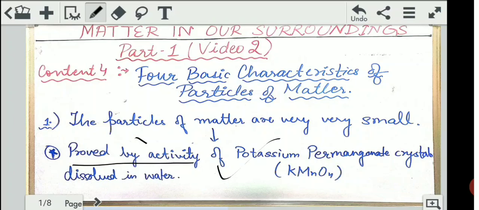We had learned this previously, where we had a beaker in which we dropped KMnO4 crystals, and slowly and steadily the water retains the purple color of the crystals. This shows that there are particles present in matter which intermix with each other, right? So the particles of matter being very small will also be proved by this activity.